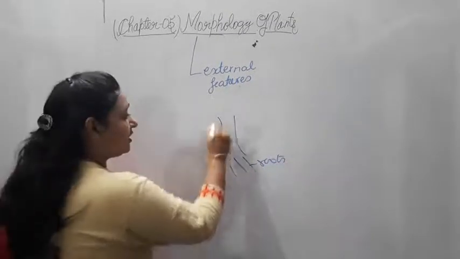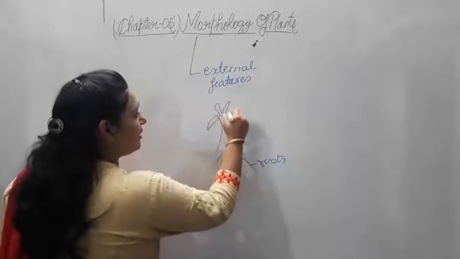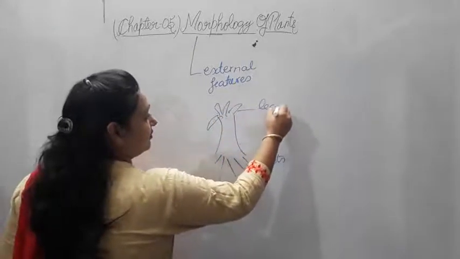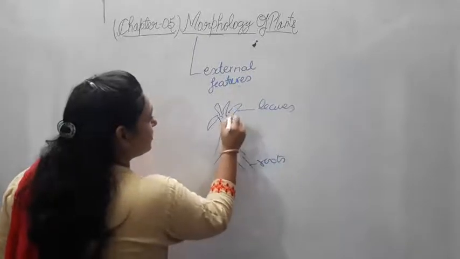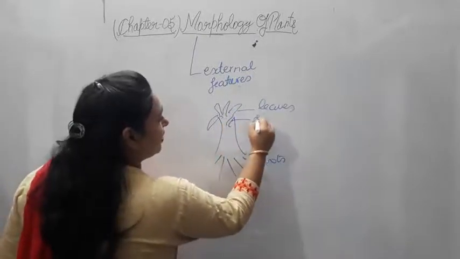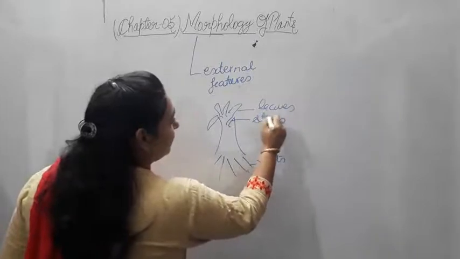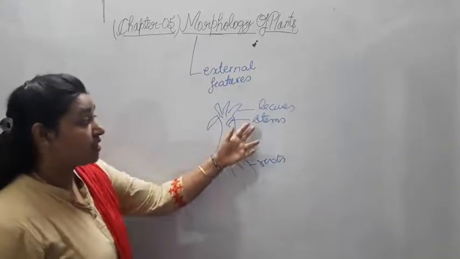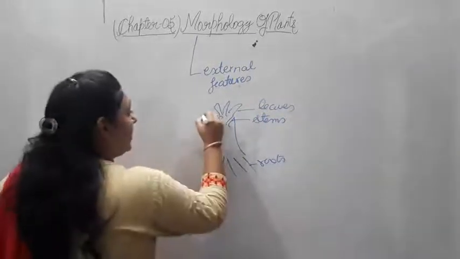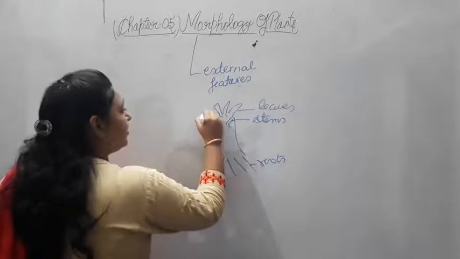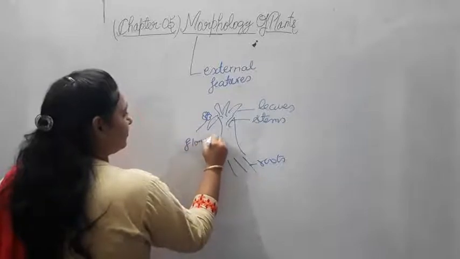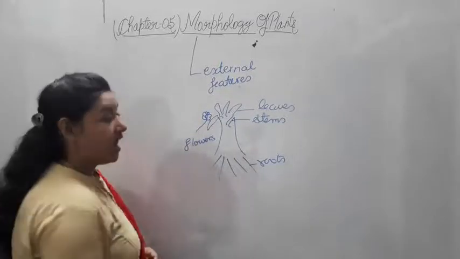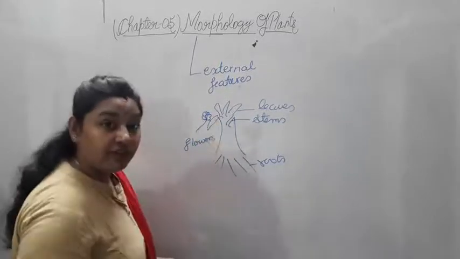You can see the leaves of the plants. You can also see the stems of the plant, right? So you can see roots, stems, leaves, even the flowers, right? And the pattern of the flowers.